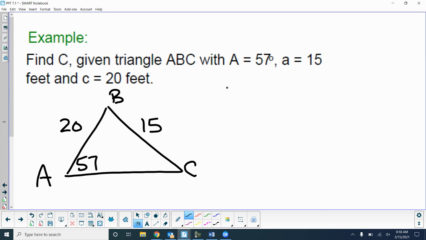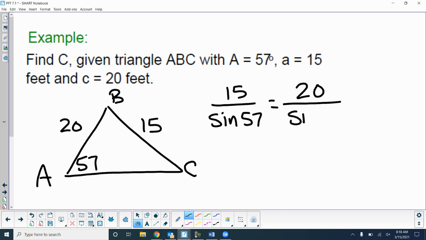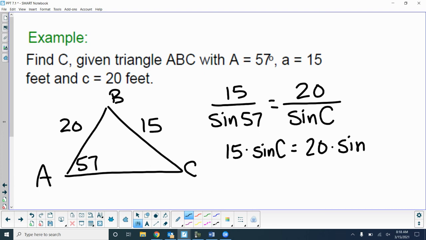So I'm going to go 15, side A, over the sine of angle A, 57, equals 20 over the sine of angle C. Okay? So again, I'm going to cross multiply. Remember, when you cross multiply, you set them equal. Sometimes we get messed up when we do that.